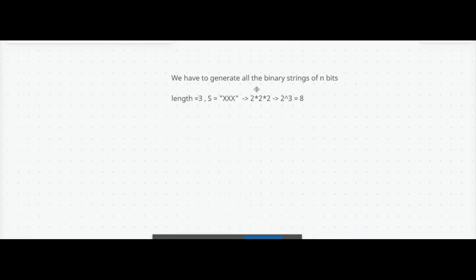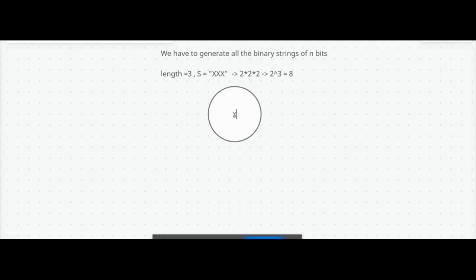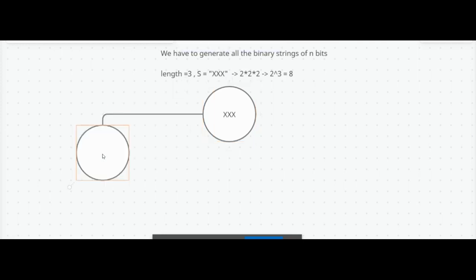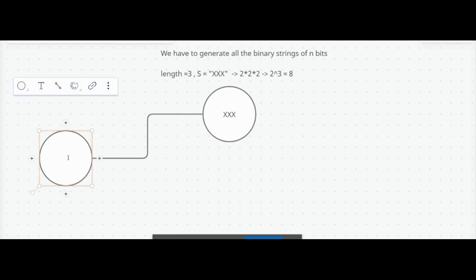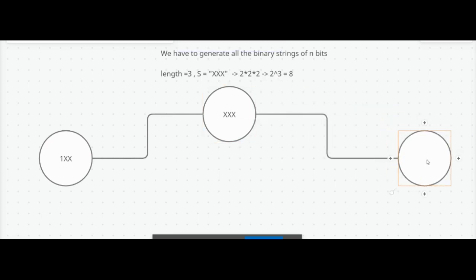Now let's see how we are going to generate them. Initially our string is xxx. At the first position we can write either 1 or 0. So let's write 1xx, and at the first position we can also write 0xx.